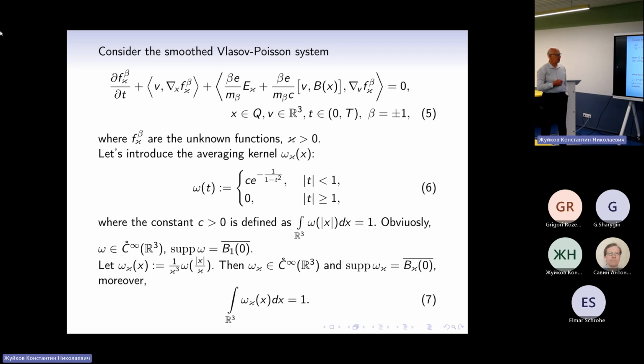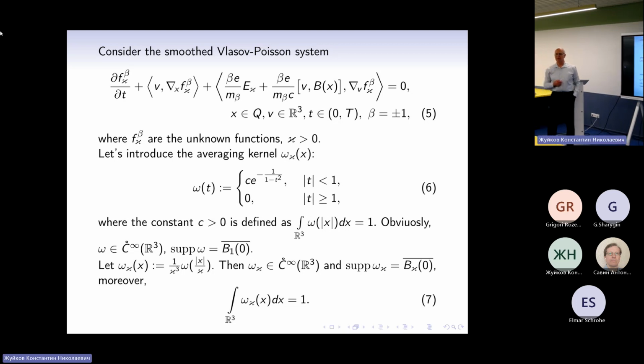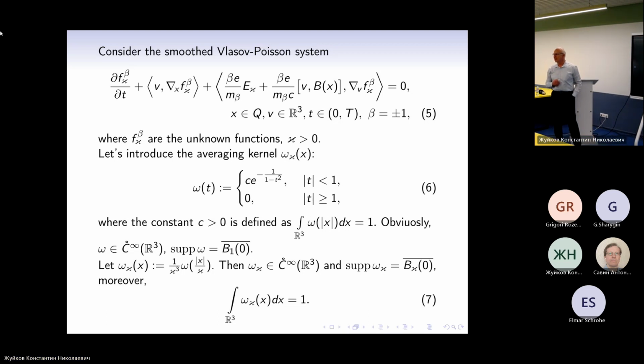Then, second step, we obtain a priori estimates. This is very important, but it sounds a little strange for physicists, because they usually don't understand the reason for studying a priori estimates. But this estimate plays an important role. And finally, we prove existence also of a weak solution.